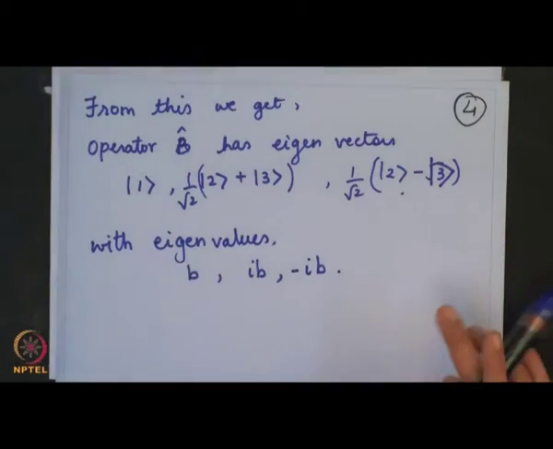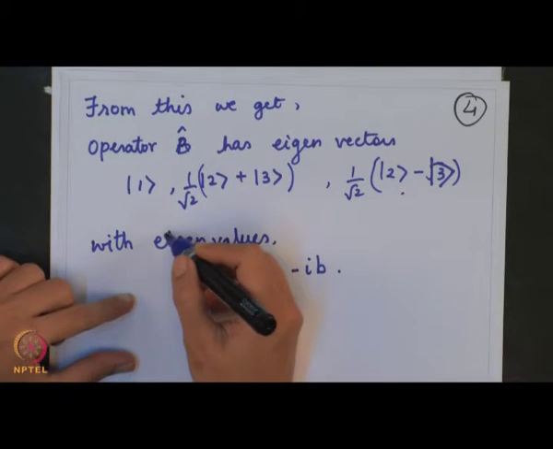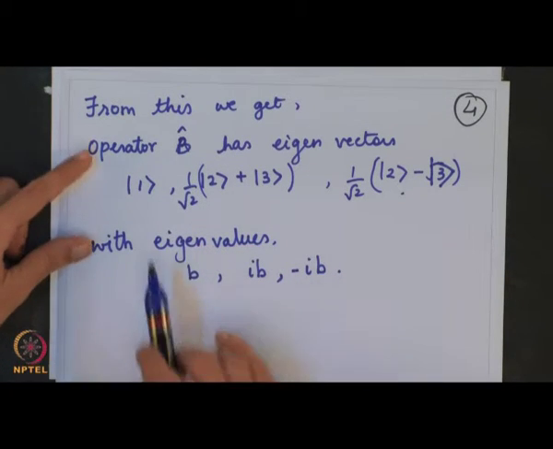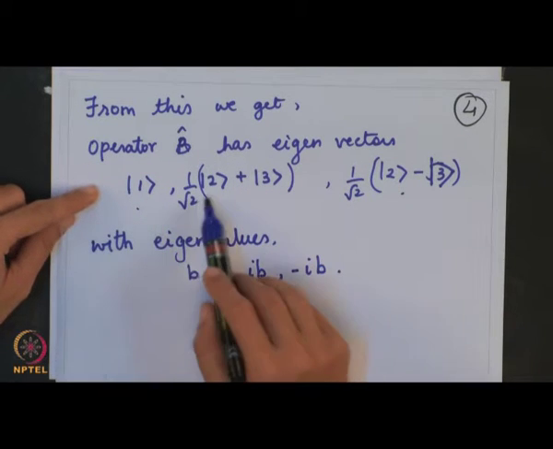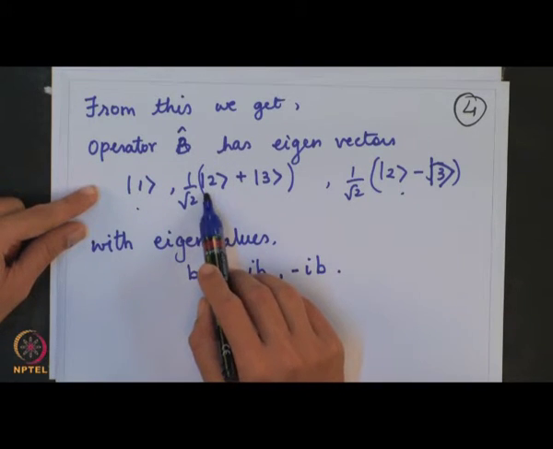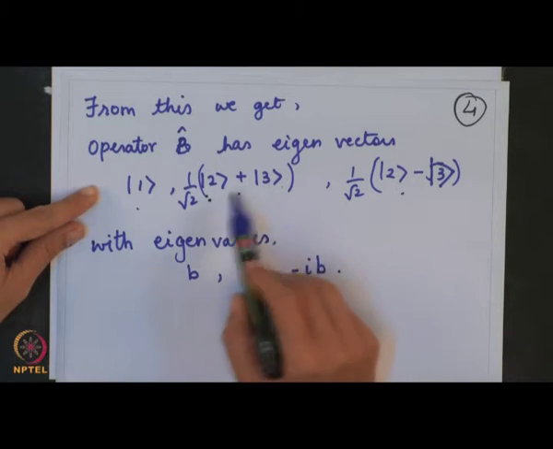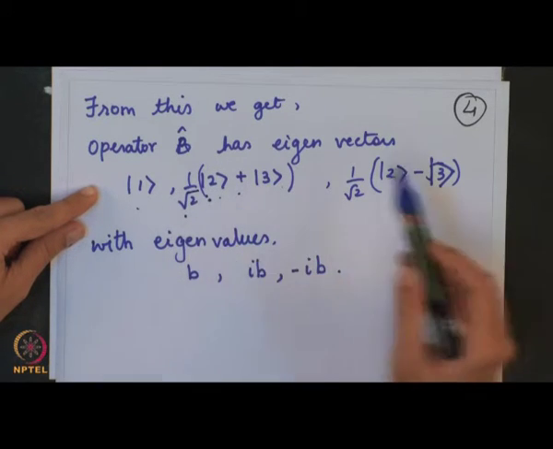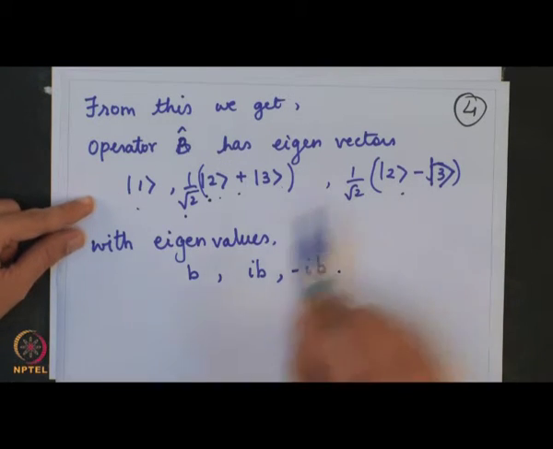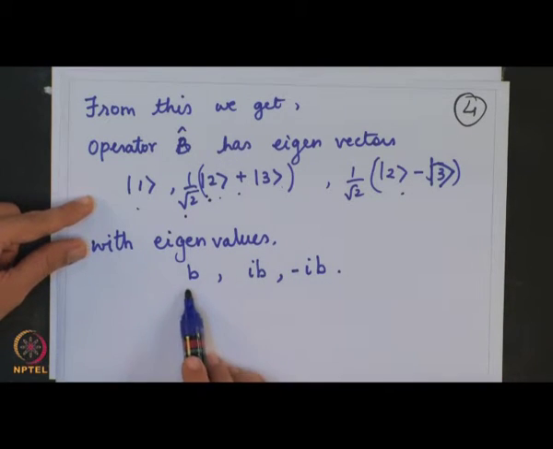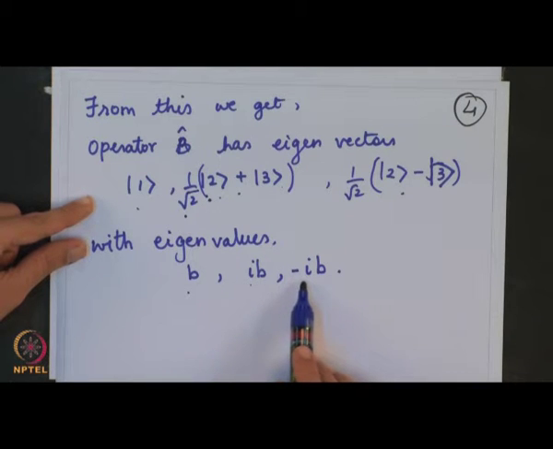So, precisely you can see that operator B has eigenvectors ket 1, ket 2 plus ket 3 by root 2, and ket 2 minus ket 3 by root 2, and the corresponding eigenvalues are b, ib and minus ib.